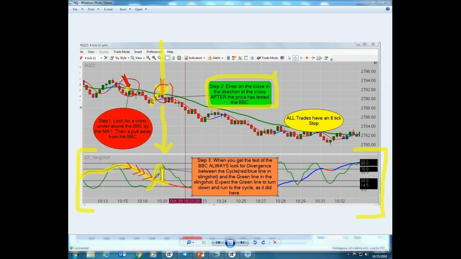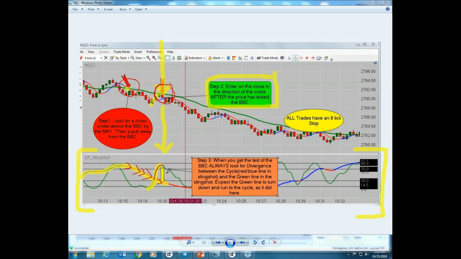All right? This green line pulling away in conjunction with this price action is that third variable that says, you know what? Maybe the market's doing the normal thing, and that's just an air pocket in this ongoing downtrend.